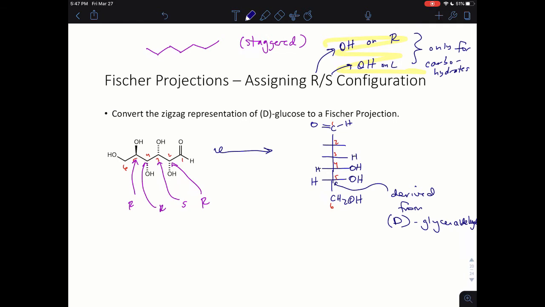On carbon 3, you'll have the hydroxyl on the left. It was S. And on carbon 2, the hydroxyl on the right because it was R. Again, please only use this shortcut for carbohydrates, and maybe don't use it at all.